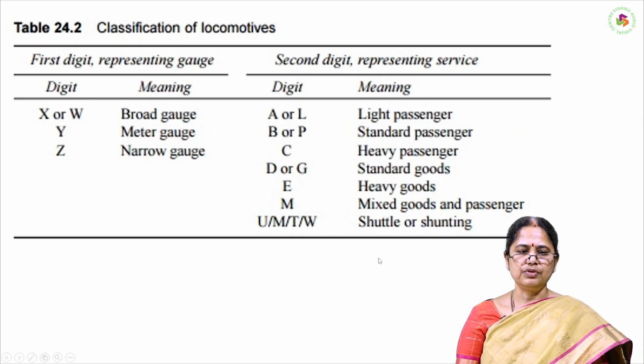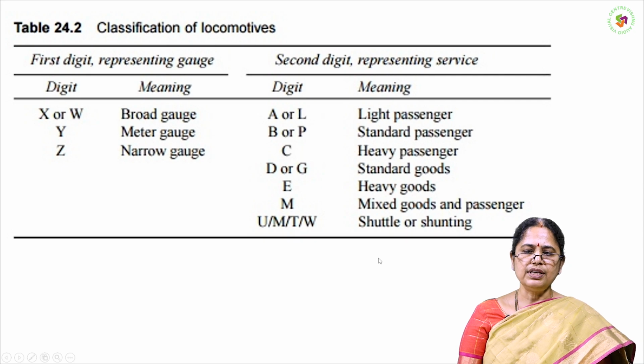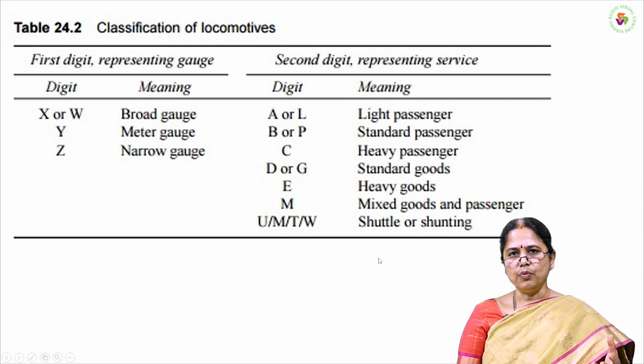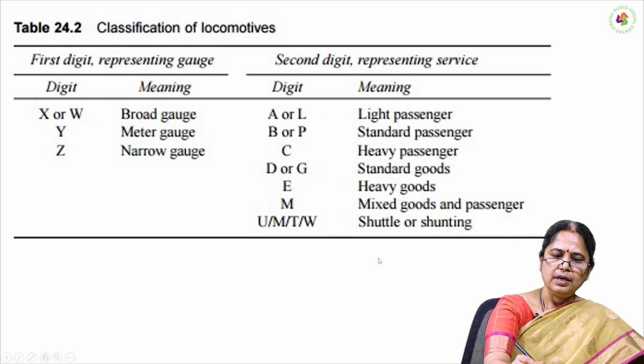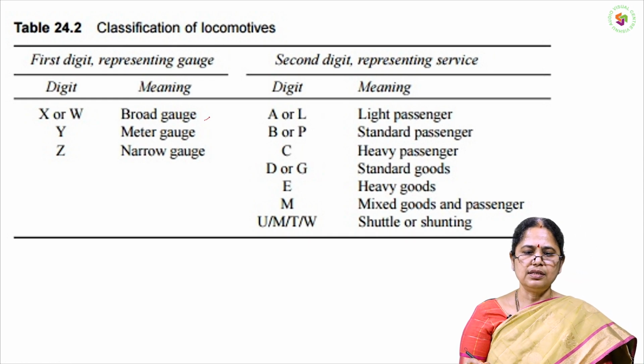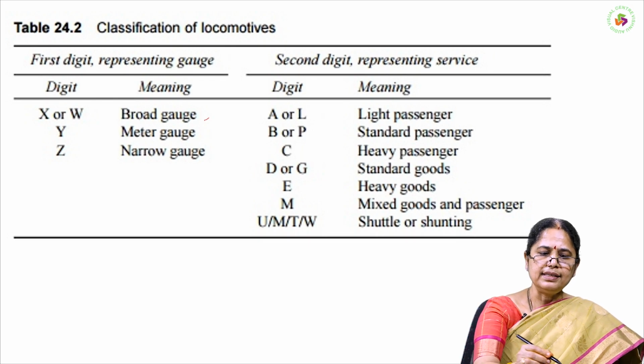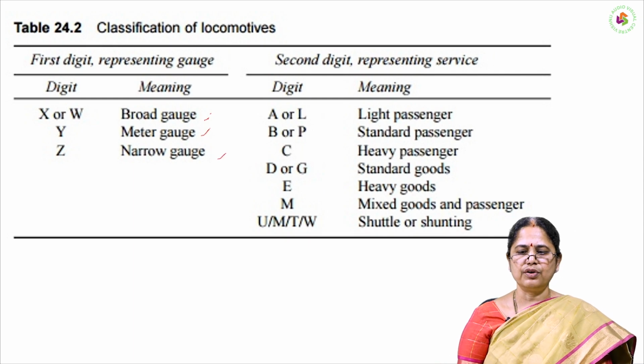Classification of locomotives. The classification in this table gives the name of the locomotive. In that, the first letter indicates the gauge. X or W indicates broad gauge, Y is for meter gauge and Z is for narrow gauge.